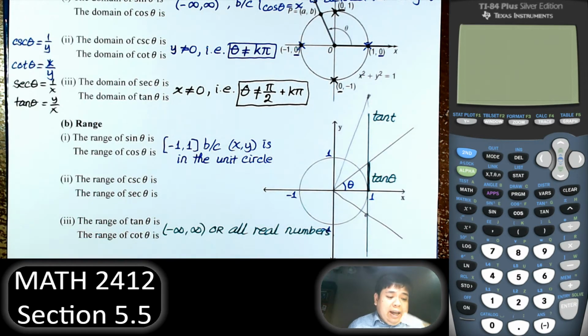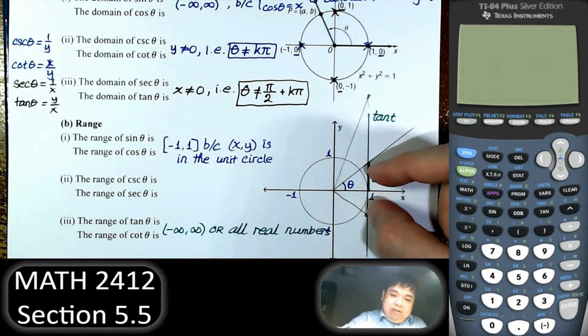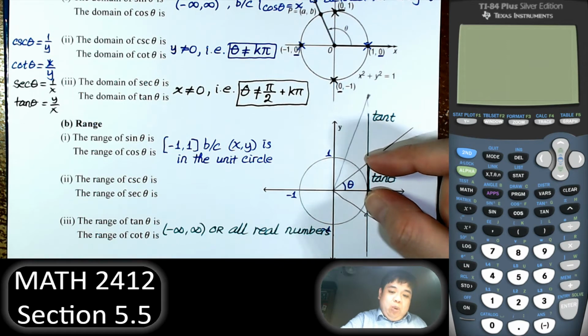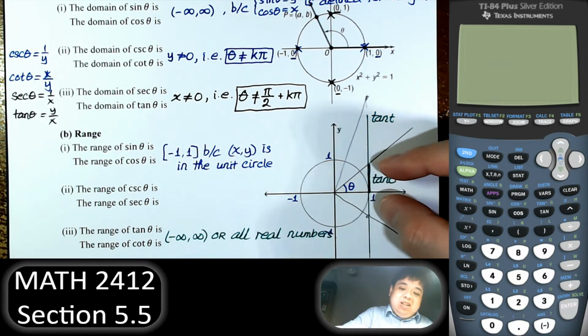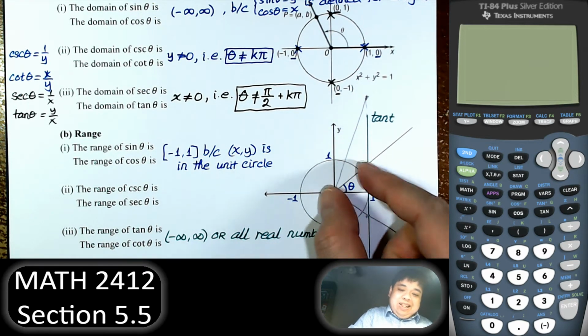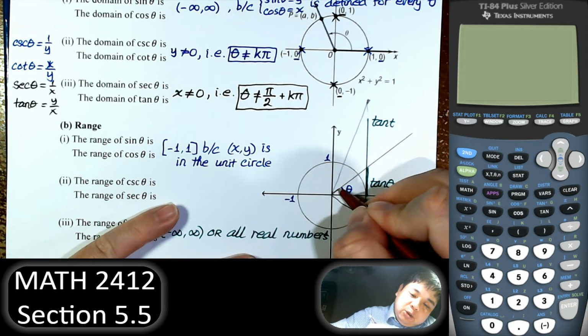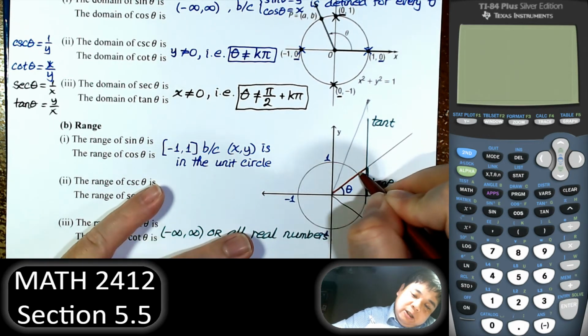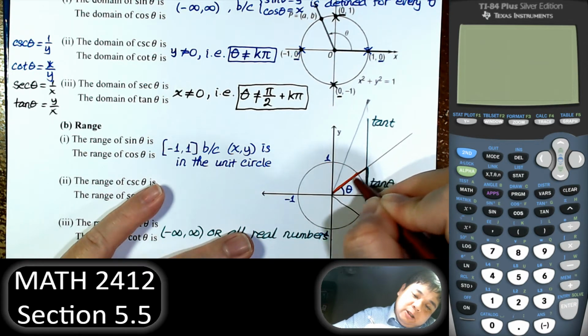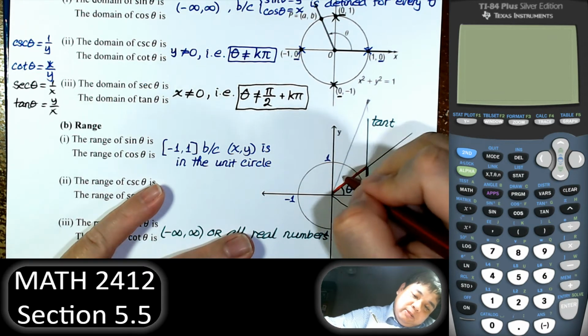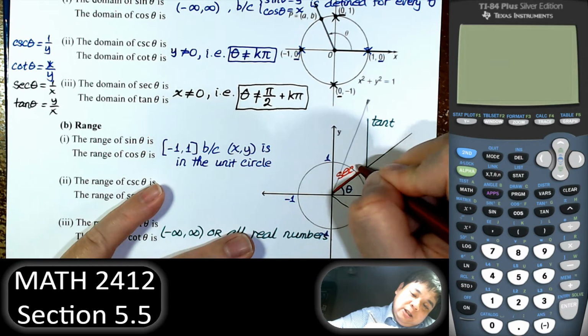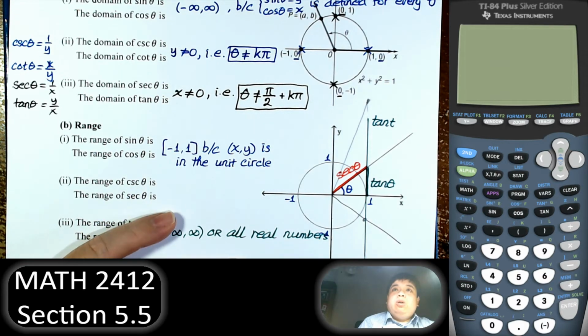Right. Now, secant and cosecant. If this is tangent, we have 1 squared plus tangent squared is equal to secant squared. So this is going to be secant of theta, on the unit circle.